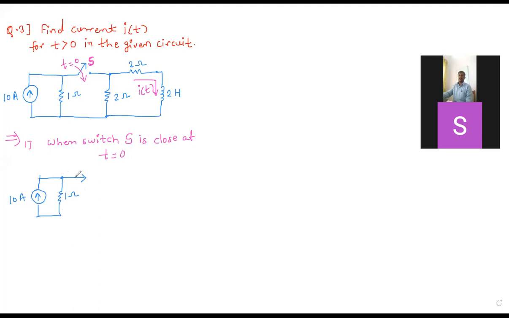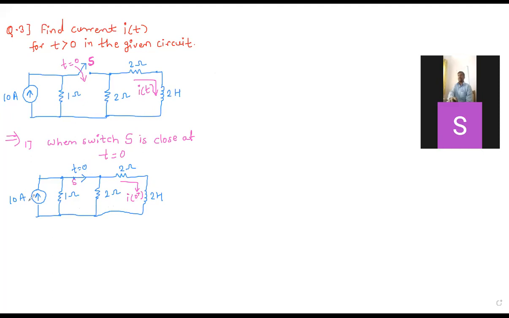The switch is closed here at t equal to 0. This is 2 ohm. This is 2 ohm, and the inductor is 2 Henry. The current passing through this switch I will call I of 0 plus, because the switch is closing at time t equal to 0.